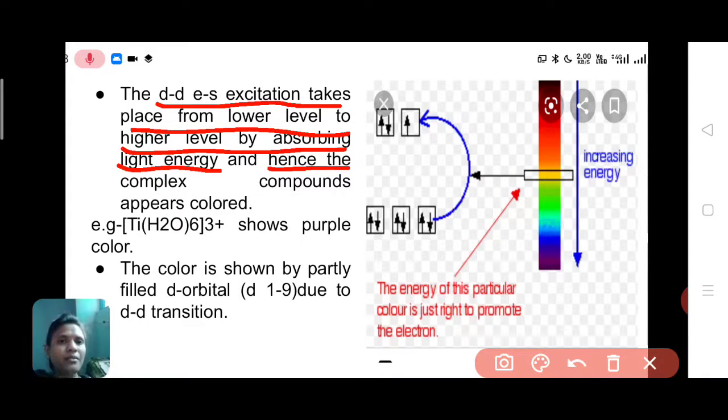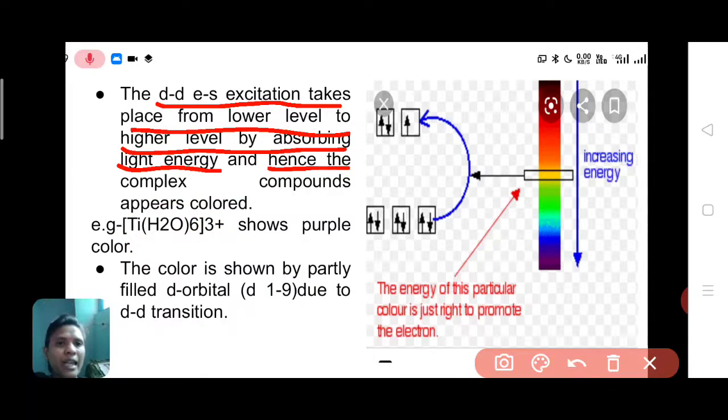Okay, so we see the example of titanium. This is a complex, titanium H2O6 3+. So titanium hexahydrate is the name of this complex, titanium hexahydrate in +3 oxidation state.